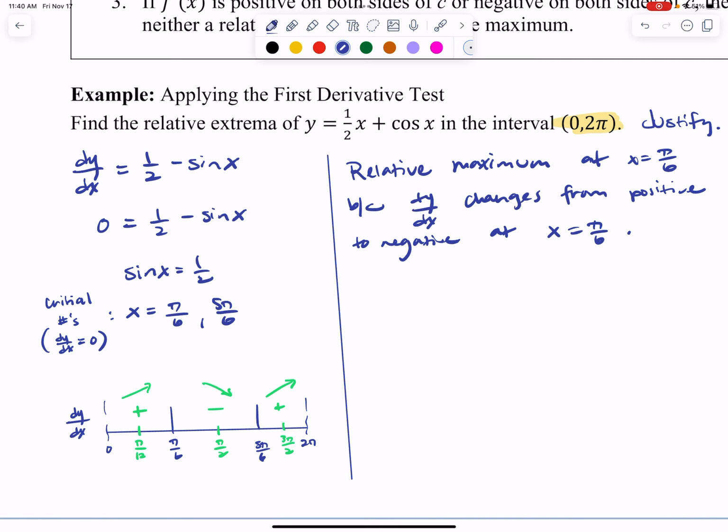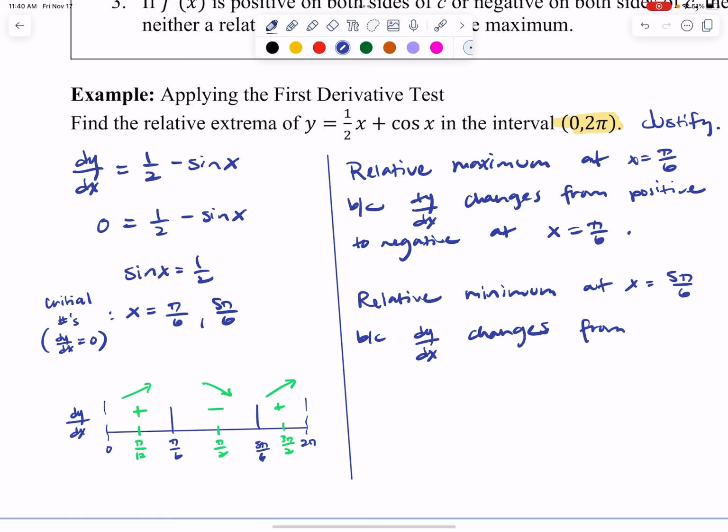Okay, and then at 5 pi over 6, there's a relative minimum, at x equals 5 pi over 6, because dy over dx changes, you want to describe the sign change, from negative to positive at x equals 5 pi over 6.